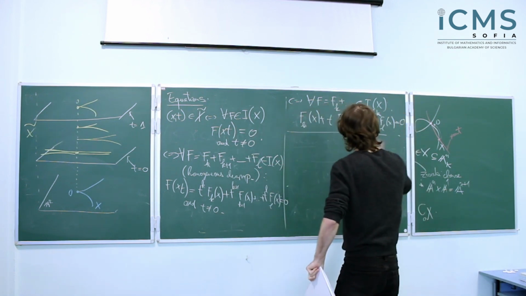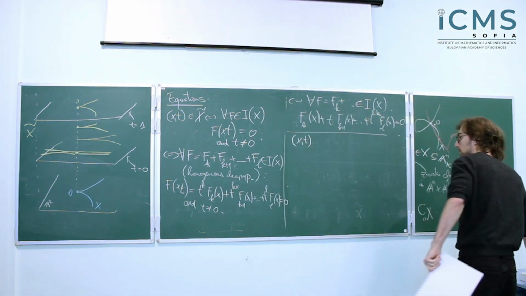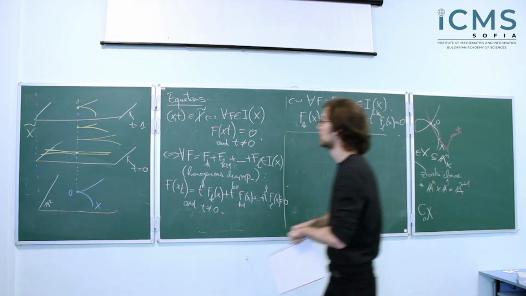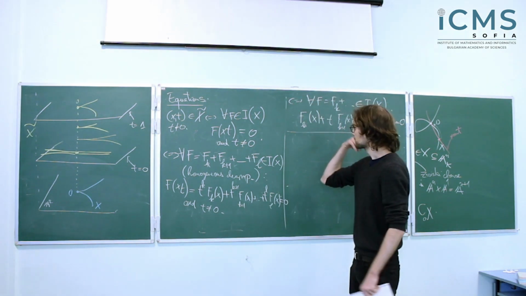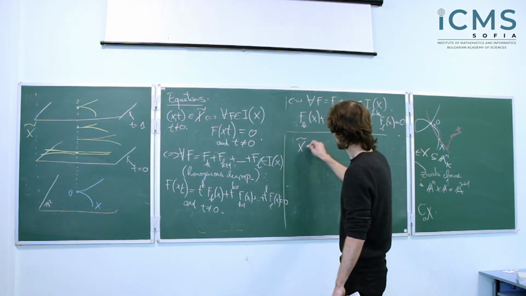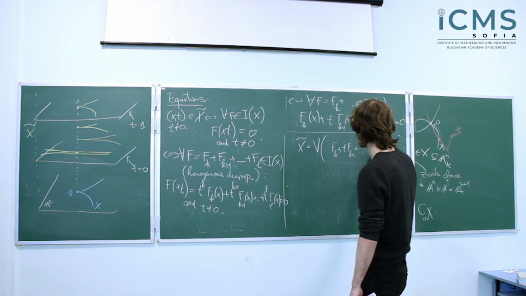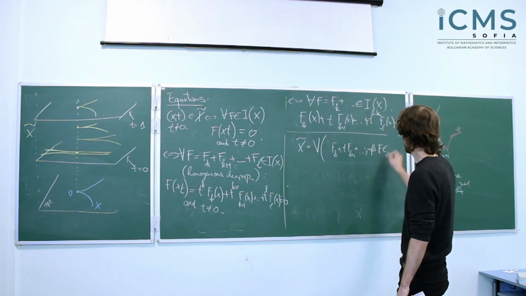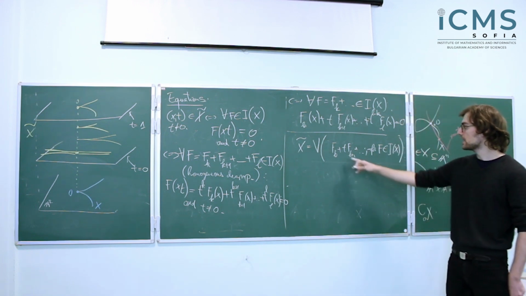Now X tilde is thus the vanishing set of f_k plus t f_(k+1) plus and so on, for f in I(X). Okay, so we now have the equations of X tilde.